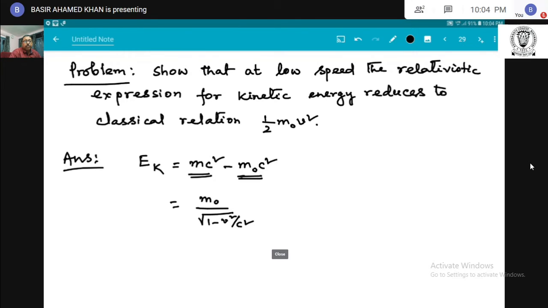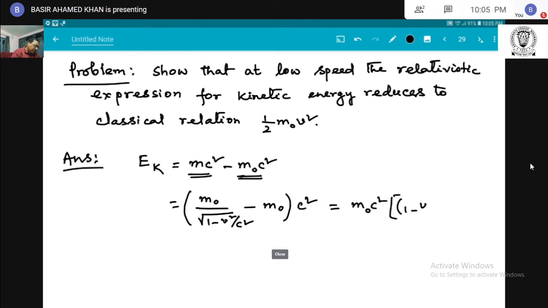The mass of the particle with velocity v is m equal to m0 divided by root over 1 minus v square by c square. So it becomes m0 c square into 1 minus v square by c square whole to the power minus half, minus 1.